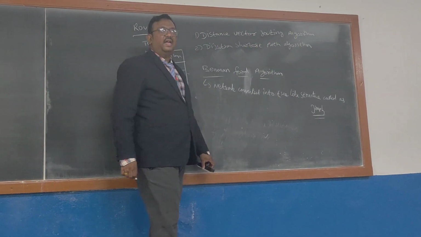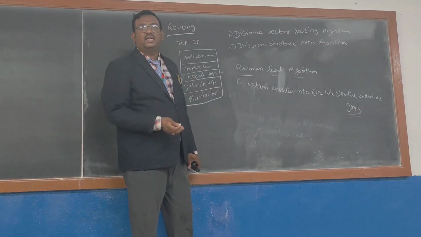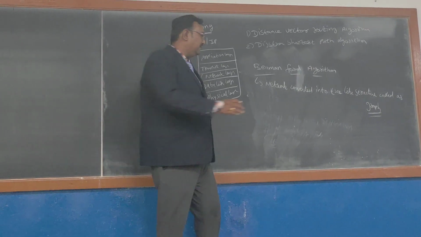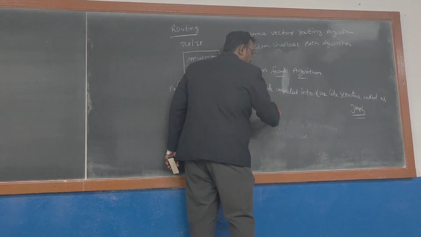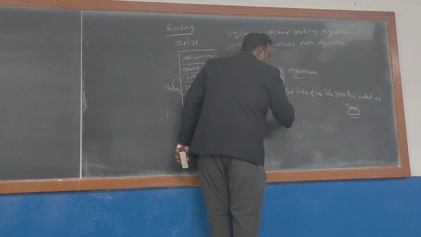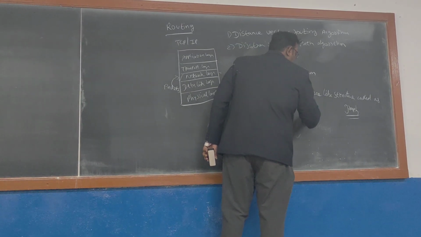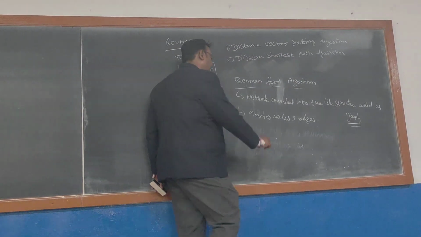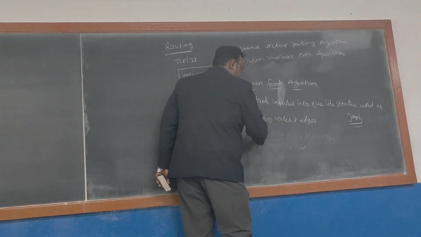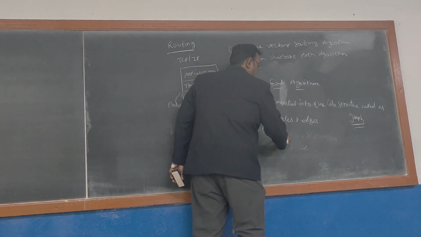Okay, so what do you mean by graph? A graph is something which has nodes and edges. It also has a cost at the end of each edge, a cost for each and every edge.